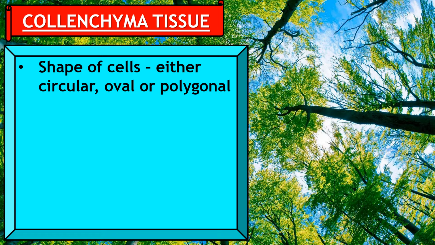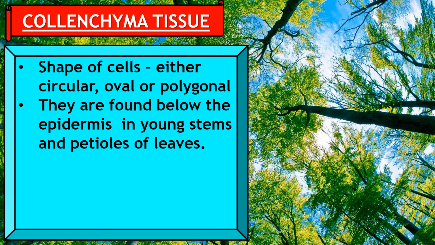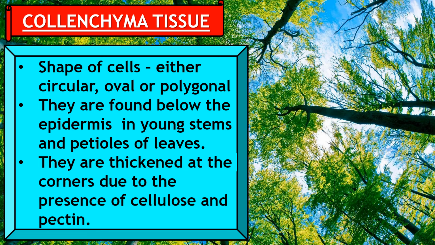Collenchyma tissue. The shape of the cells of collenchyma tissue is either circular, oval, or polygonal. The collenchyma tissues are found below the epidermis in young stems and petioles of leaves.